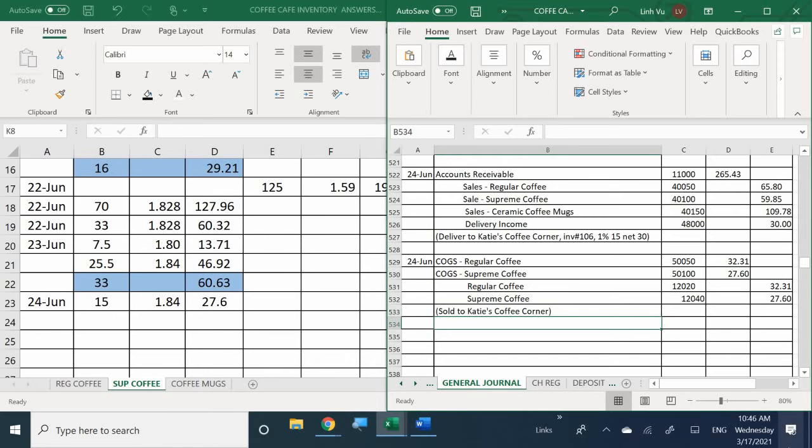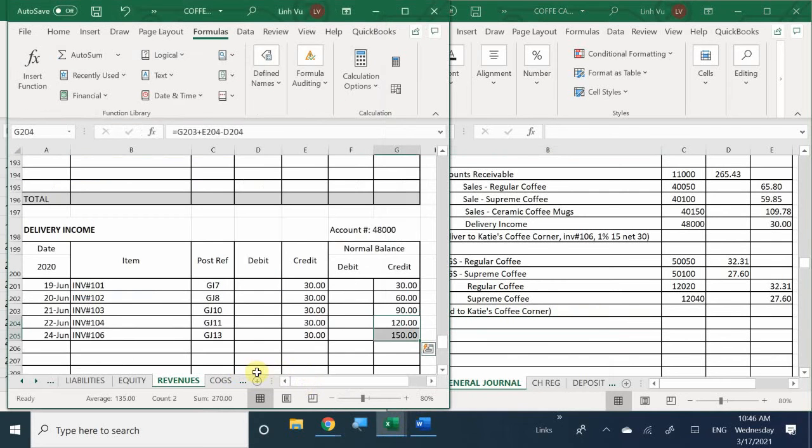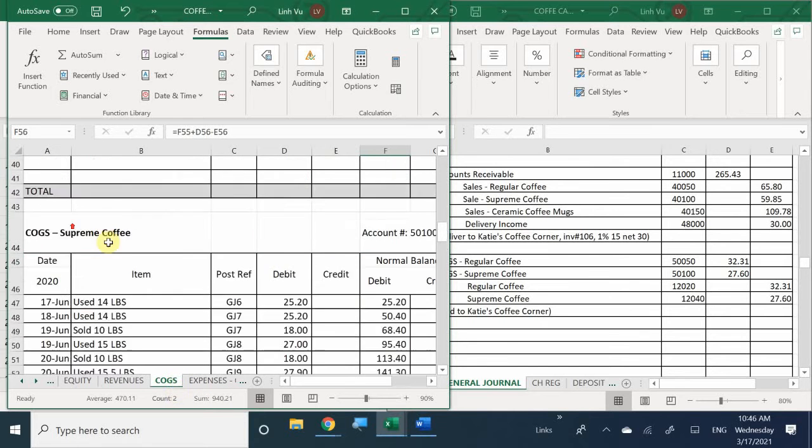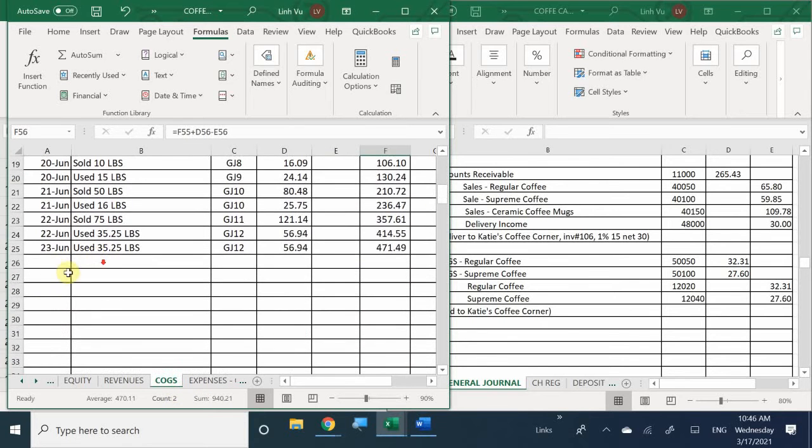Okay, so what's next? Ledger. We sold 20 pounds of coffee. General journal number 13 for a total of 32.31.